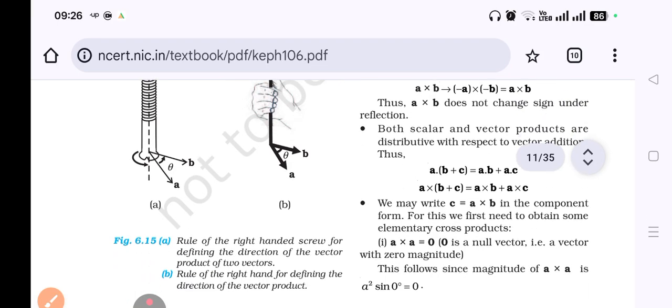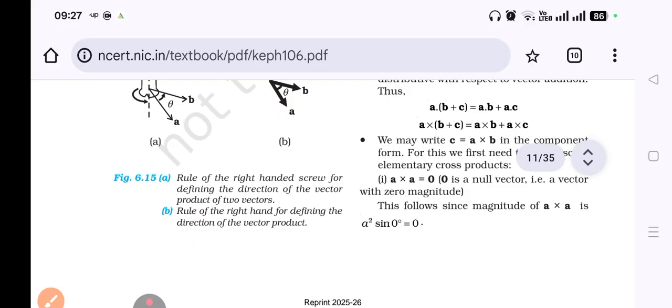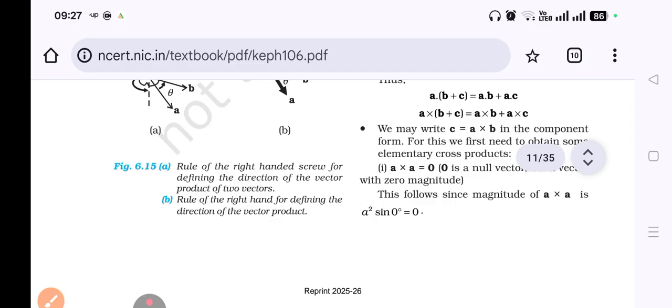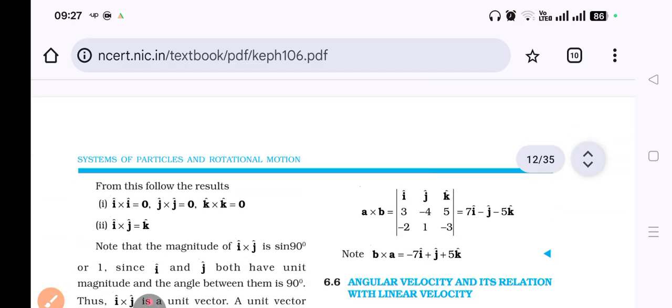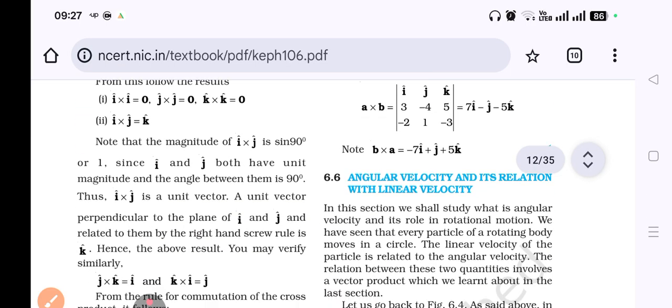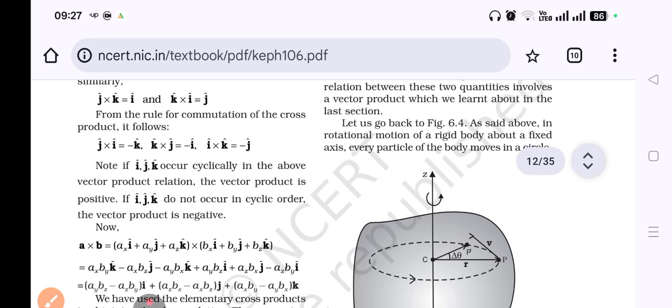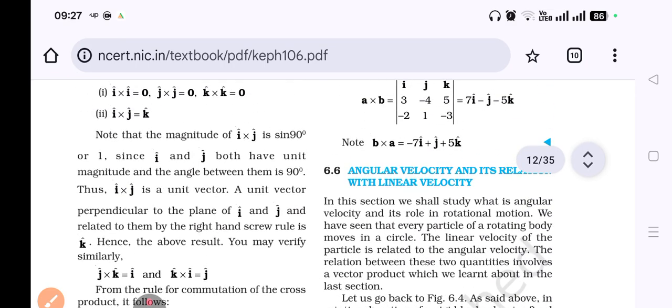A vector crossed with itself will give you a null vector, and i cap cross i cap is 0, I told you. There is a method to do this, which I'll show you in the class, how to do the cross product. Actually I have already told it in the vector chapter.